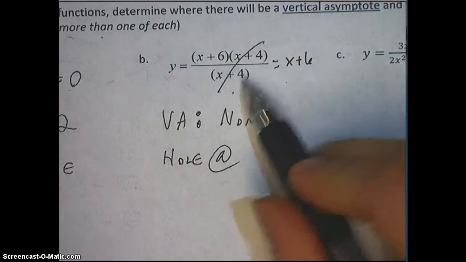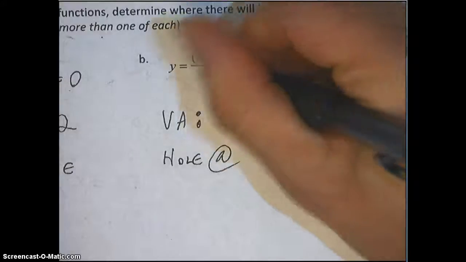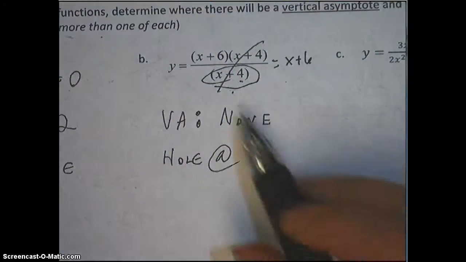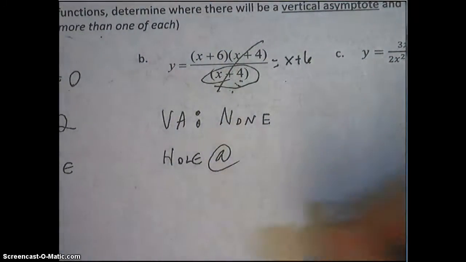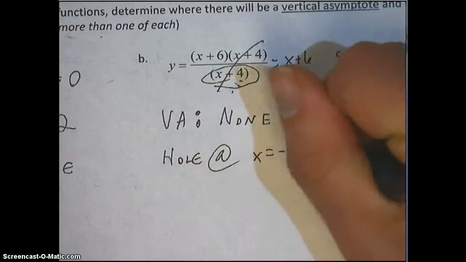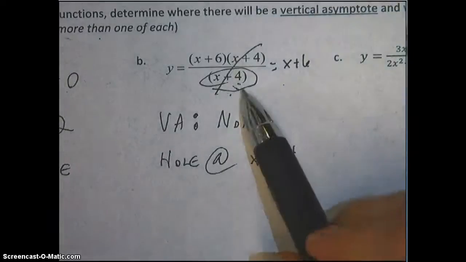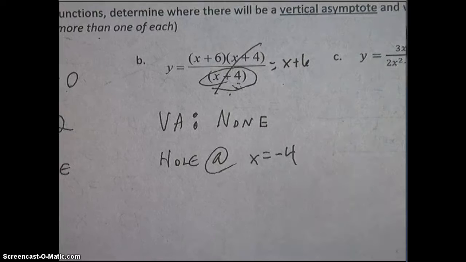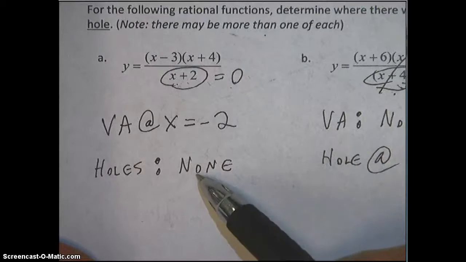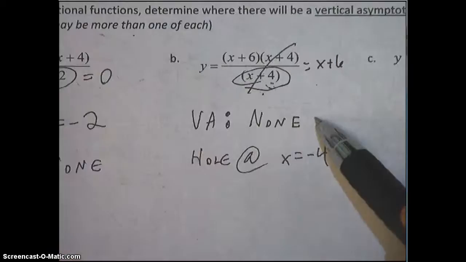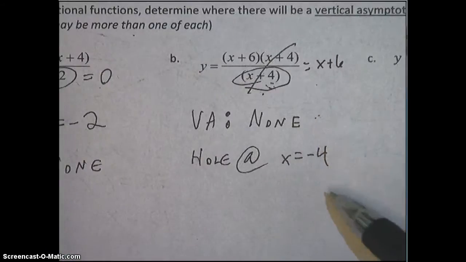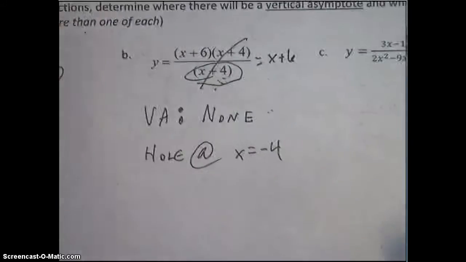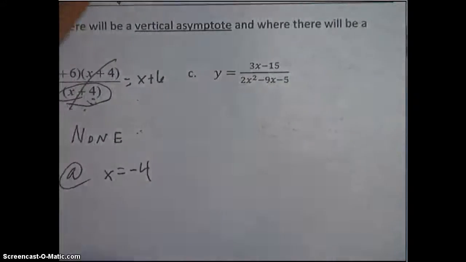And it's at wherever the value of x that makes this a 0 is. So it's at x equals negative 4. When you set that equal to 0 and solve, you get x equals negative 4. So we've got one where there's a vertical asymptote, no holes, and where we've got no vertical asymptote, but a hole. So here we'll probably have both.